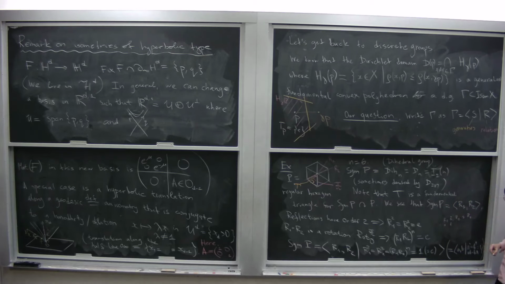Yeah, this is not good. And BA is R1 R2 R1. So it's a conjugation.